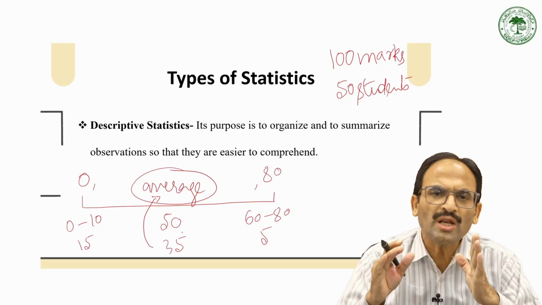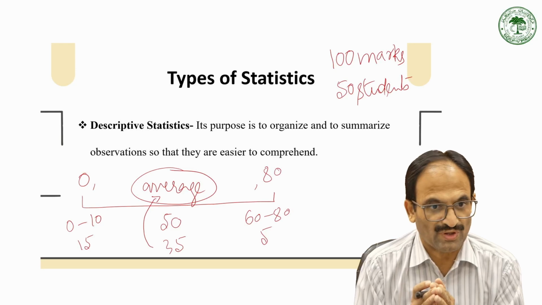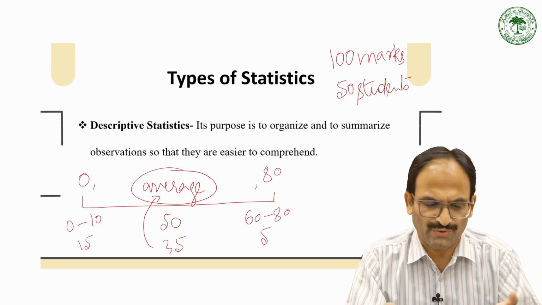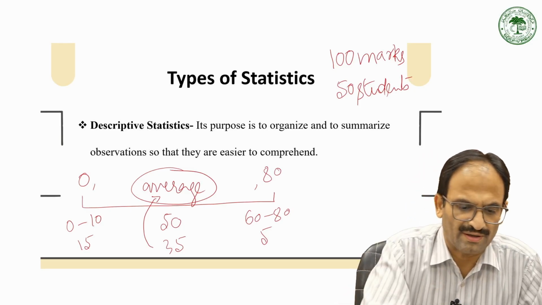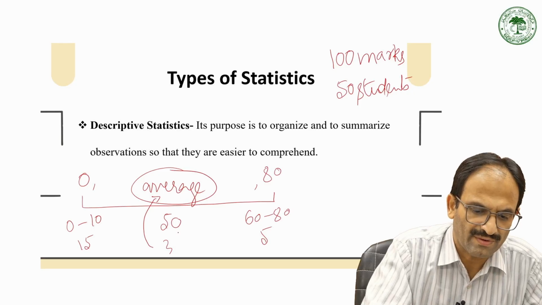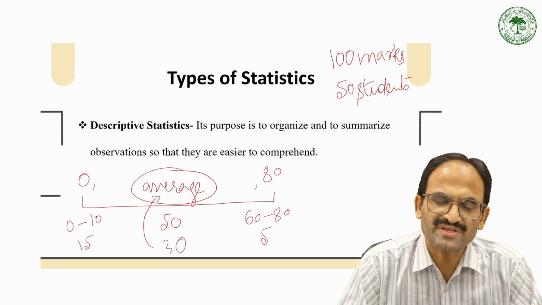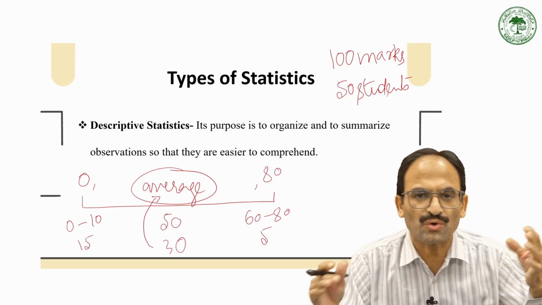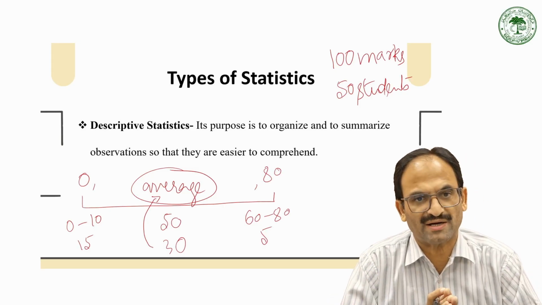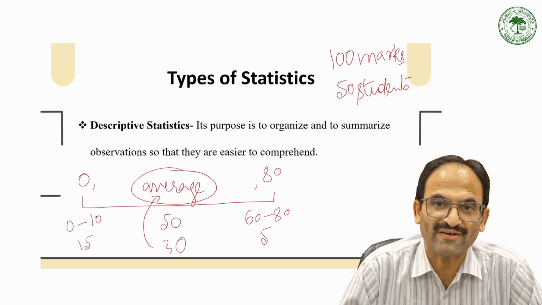So only 5 students have scored between the range 60 to 80, whereas in 0 to 10 the number of students is more, 15, and average is 30. So there were a total of 50 students. 15 students scored between 0 to 10, 5 students scored between 60 to 80, and 30 students scored average marks. And by that way you can comprehend that definitely the test would have been difficult.